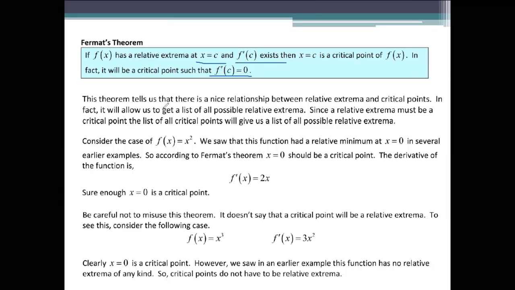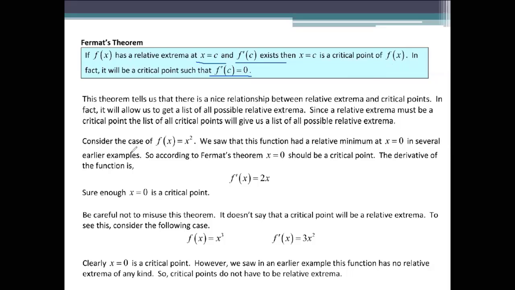So this theorem tells us that there is a nice relationship between relative extrema and critical points. In fact, it will allow us to get a list of all possible relative extrema. Since a relative extrema must be a critical point, the list of all critical points will give us a list of all possible relative extrema.